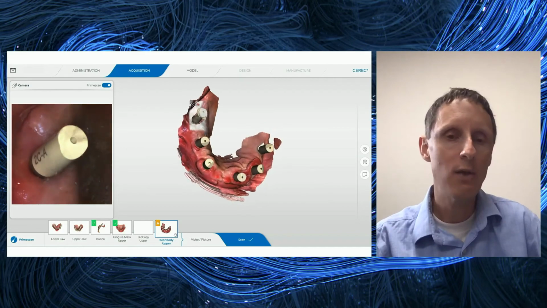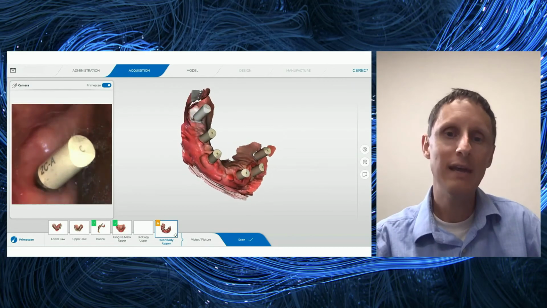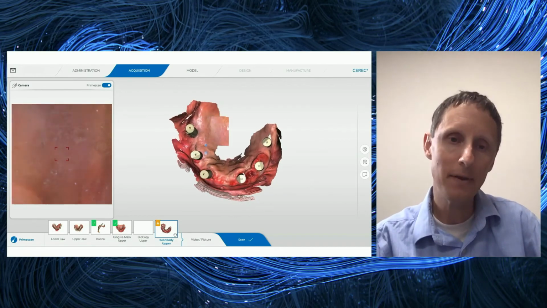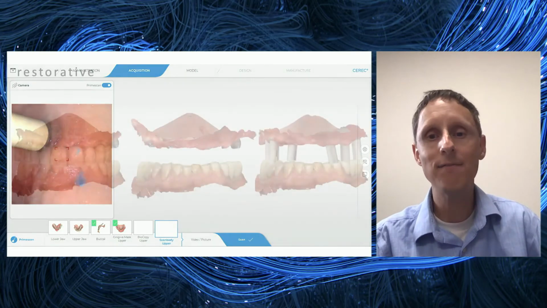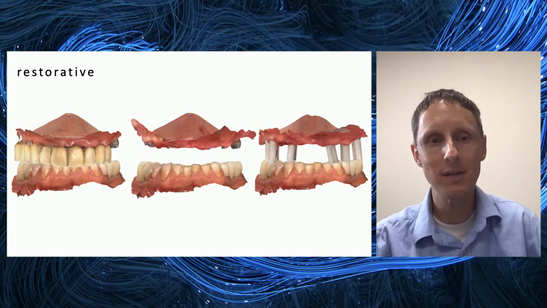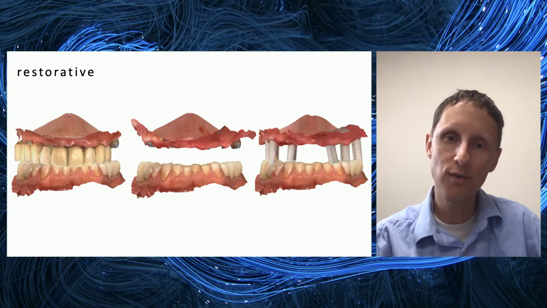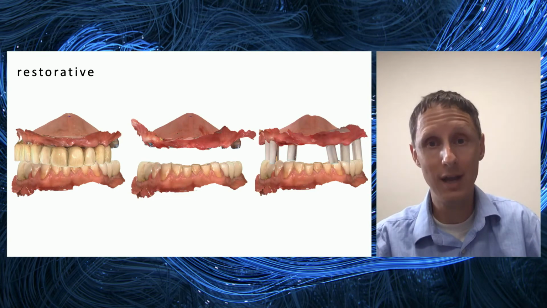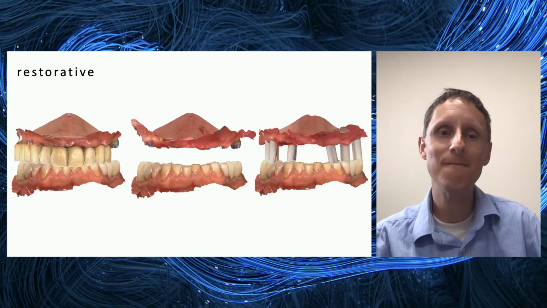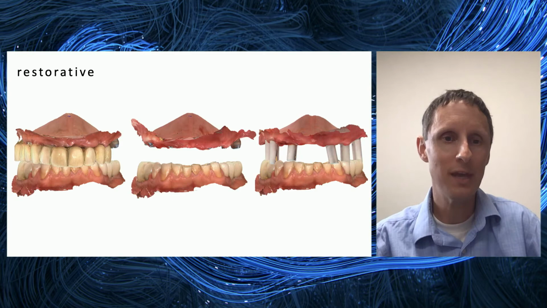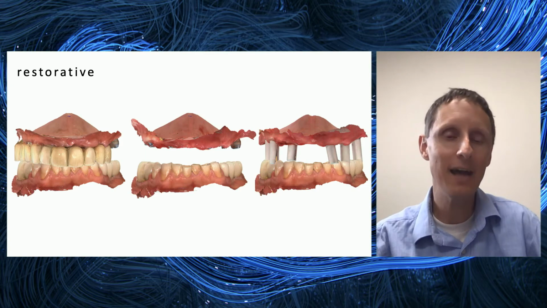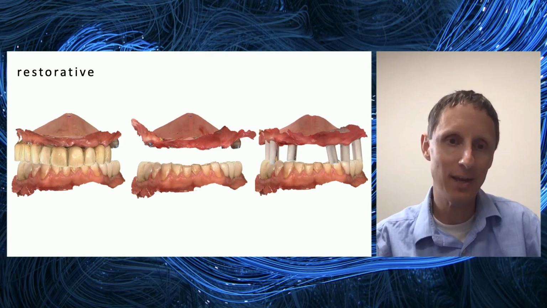What this allows us to do is line up all the different scans so that we can have everything cross-arch mounted at the occlusion and the vertical which you've already worked out, so that you can get a very predictable result, a very nice passive fitting bar and restorative work, because these scanners are just that accurate.